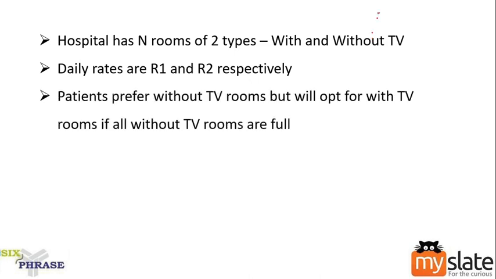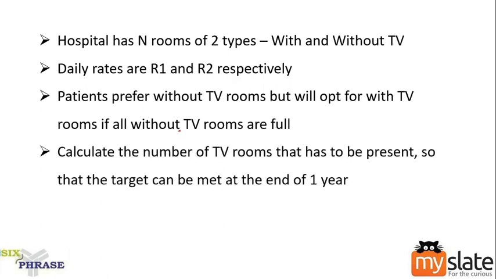Now you are given a revenue target and you should meet that target at the end of 1 year. This is the data we have. So how many TV rooms should be present so that we can meet this target? That is your question.